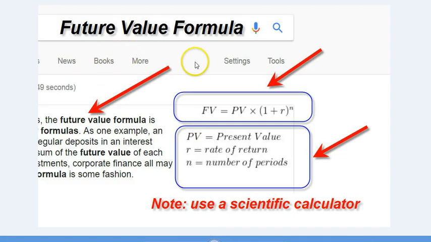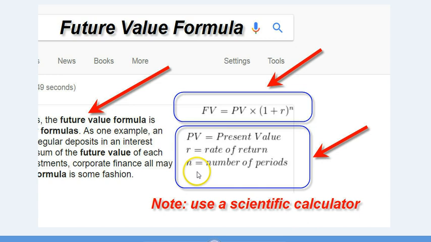So, the future value formula. If you Google the future value formula, you come up with this text and a formula that says FV equals PV times (1 plus R) exponent n, where FV is your future value, PV is your present value, R is your rate of return in percent expressed in decimals, and n is your number of periods, whether it's per day, per week, per month, or per year.